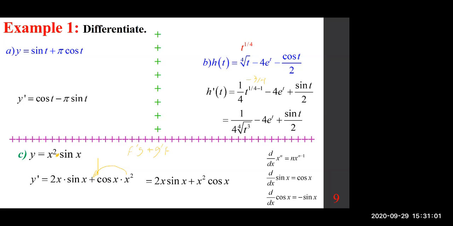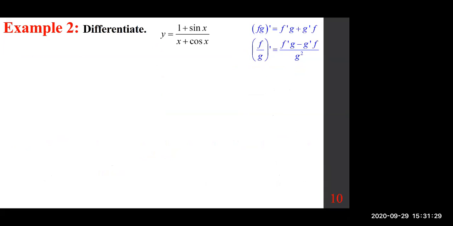So, let's go to the next example. All right.